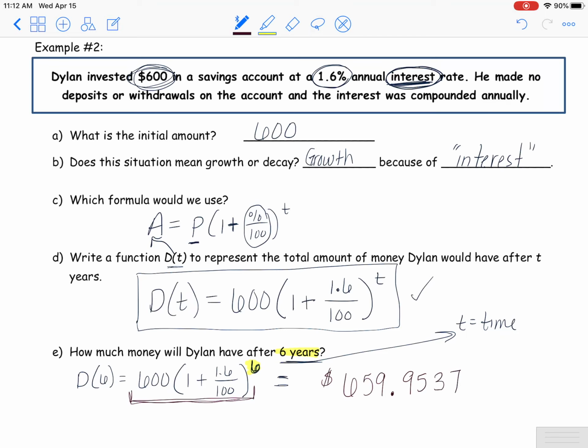Now if you think about it, this is money, right? So if you go to the register, it's going to cut you off here. So look at that 3. Would that make that round up to a 6 or stay a 5? So my final answer would be $659.95 is how much money he would have.